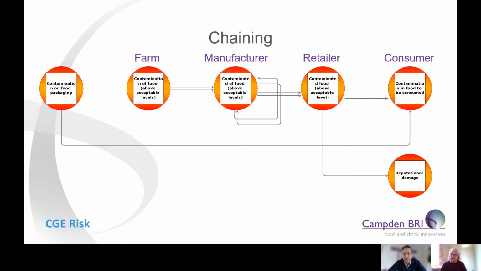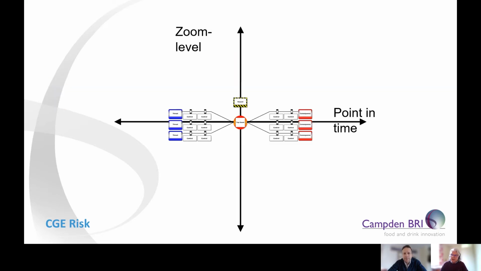And this really is all the farm to fork, the plow to plate, whatever terminology people want to use, is that we really need to understand the whole of that and to be able to model it effectively. But not only that, we can look at it from a zoom level.